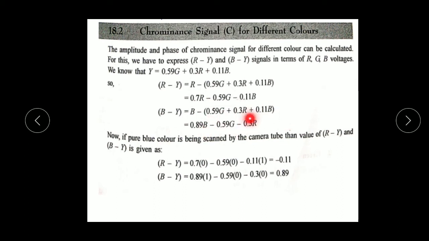Now, if pure blue color is being scanned by the camera tube, then the values of R minus Y and B minus Y are found by putting R equal to 0 and G equal to 0, with B equal to 1. Then R minus Y for blue is minus 0.11, and B minus Y equals 0.89.